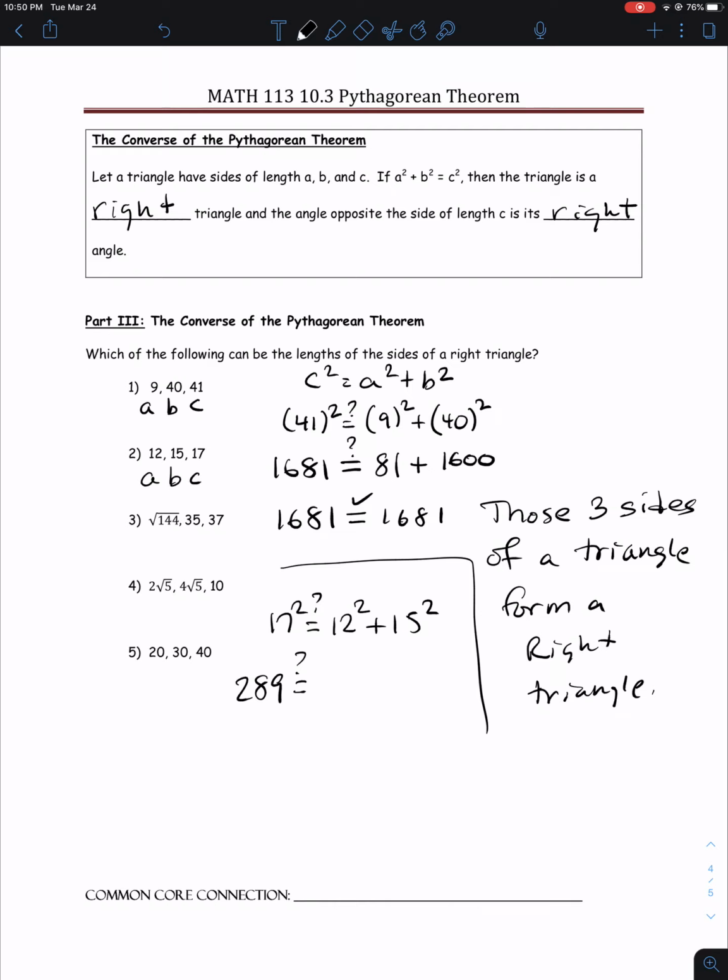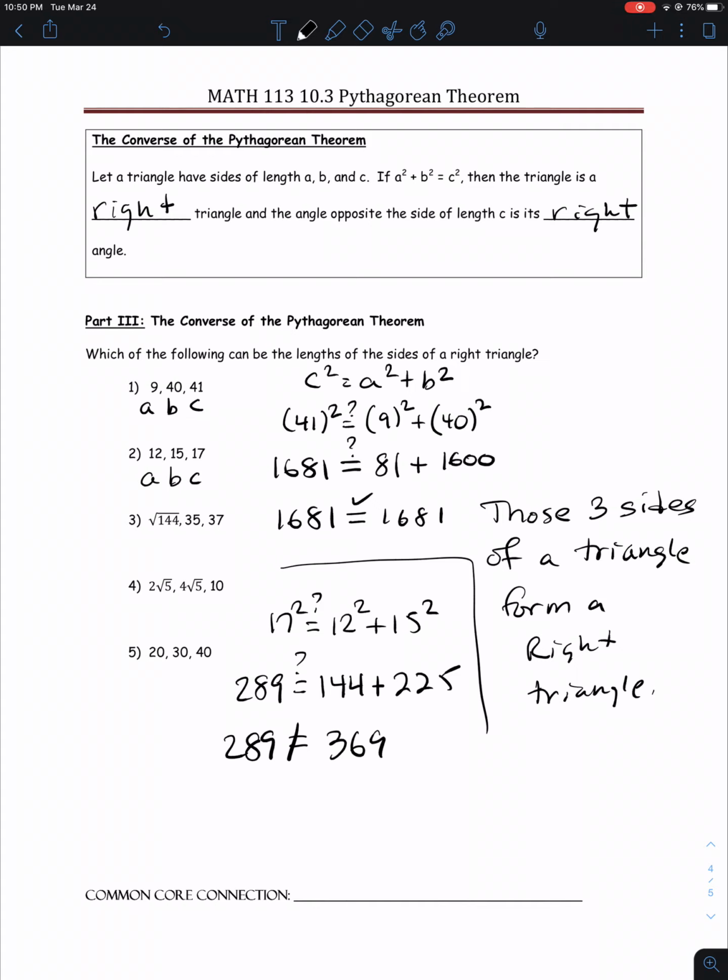So 12 squared is 144 plus 15 squared, which is 225. So it's not looking promising here. When I add 225 to 144, I get 369. So in this case, 289 does not equal 369.